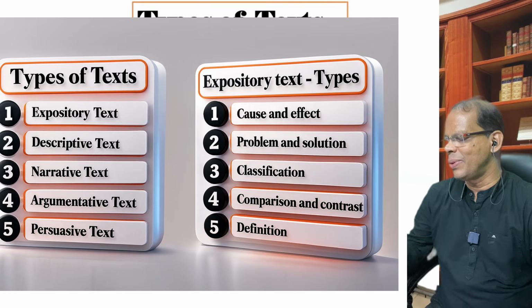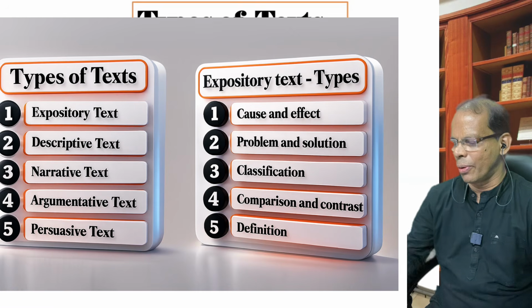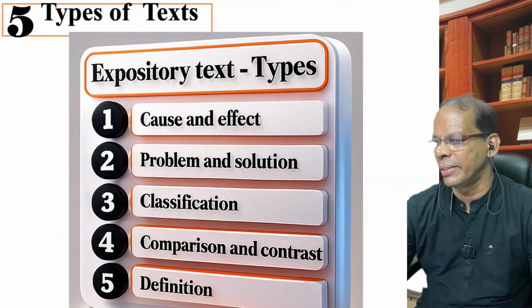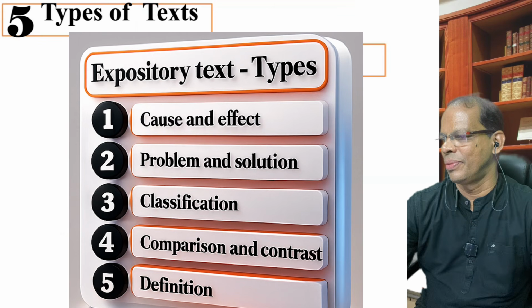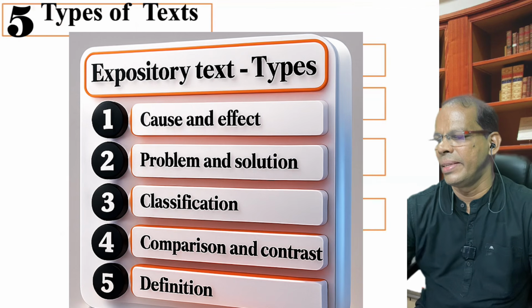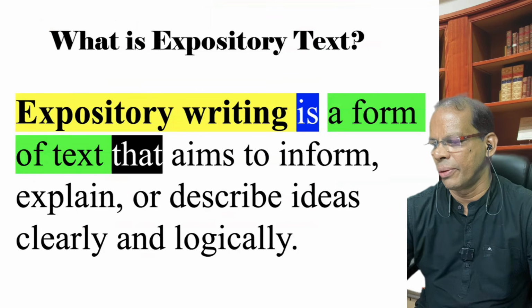So I will give you the details of subgroups in the expository text. If you become competent in the subtypes under expository text, the first type, that will be the easiest thing you can do. These are the 5 things.